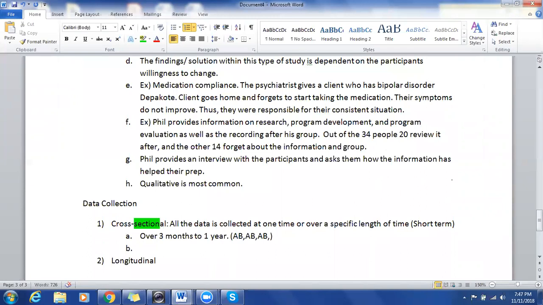An A would be where I collected at the beginning to get a baseline, and a B where I collected at the end. More of the ABAB style would be I have a baseline, I collected at 3 months, I collected at 6, and then I collected at the year. So that is just different data collection points.